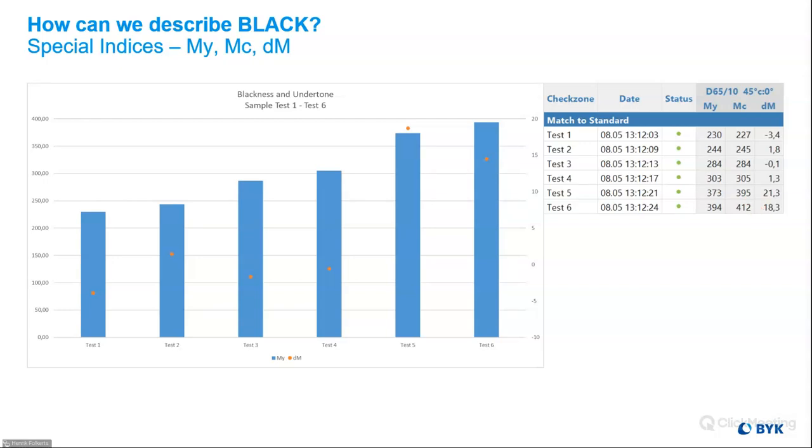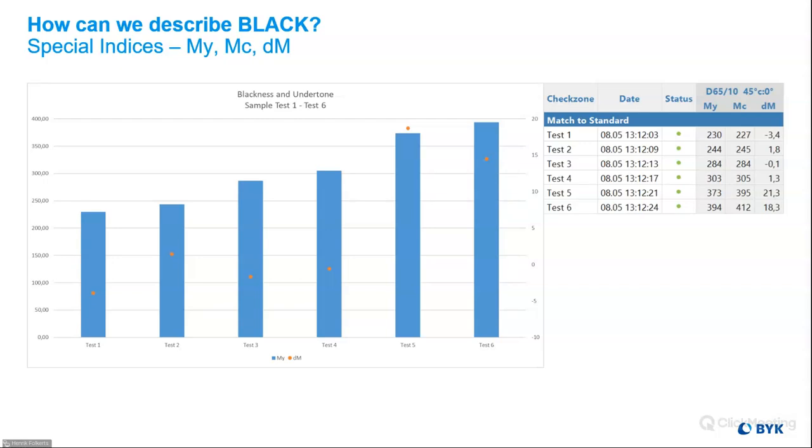As a summary, you can say that the samples can now be clearly distinguished and grouped, which means the special indices are clearly useful. You see, this is the deepest black sample with the corresponding undertone. It's a positive undertone, which means it's on the bluish side. And this one also has a bluish undertone, and they give us the deepest black impression.